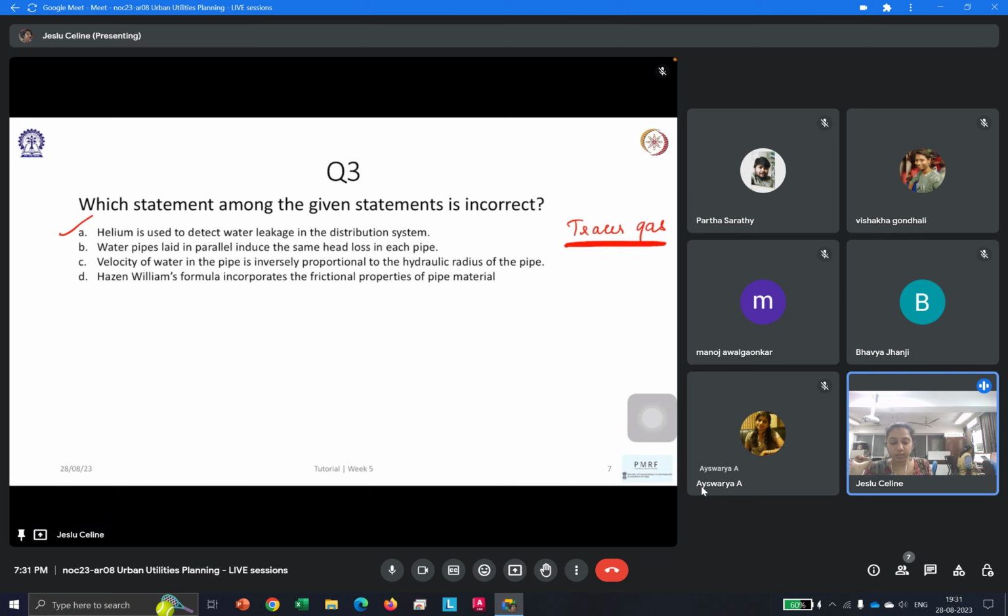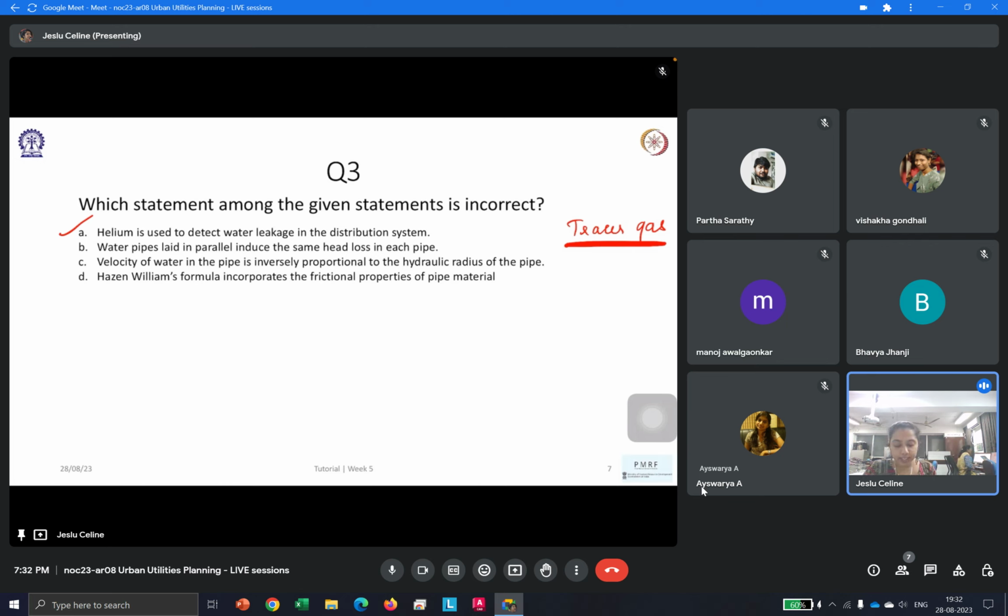In our water distribution systems also, we use helium to see whether there's some leakage. Why? Because if you're using an infrared camera, you can actually see the movement of helium gas, whereas with normal air, visibly we may not be able to see air movement. So A is the correct answer.